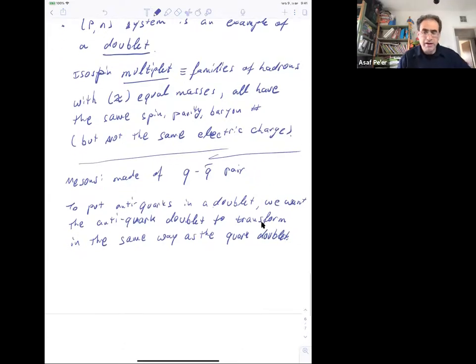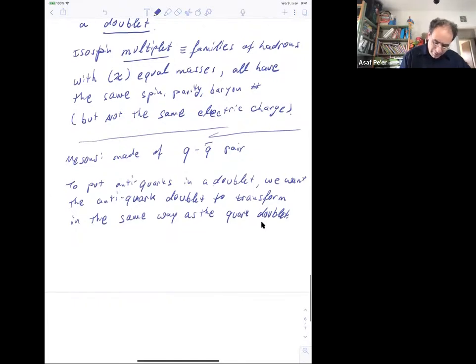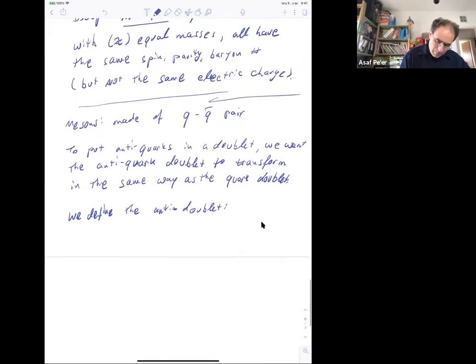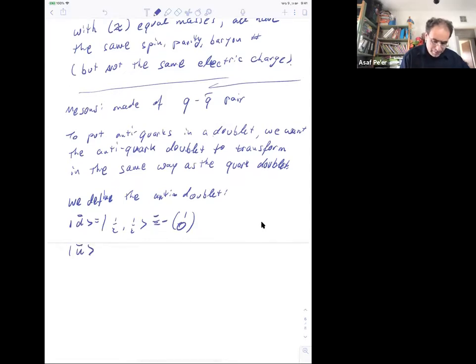So the way to define the anti-doublet is with this extra minus sign. The anti-down, with I equal 1/2 and I3 equal 1/2, is going to be with a minus sign: (minus 1, 0). The anti-up, with I equal 1/2 and I3 equal minus 1/2, is with a plus: (0, 1).